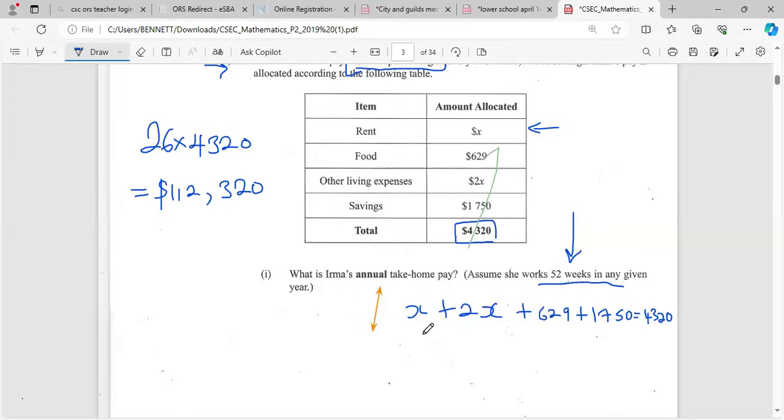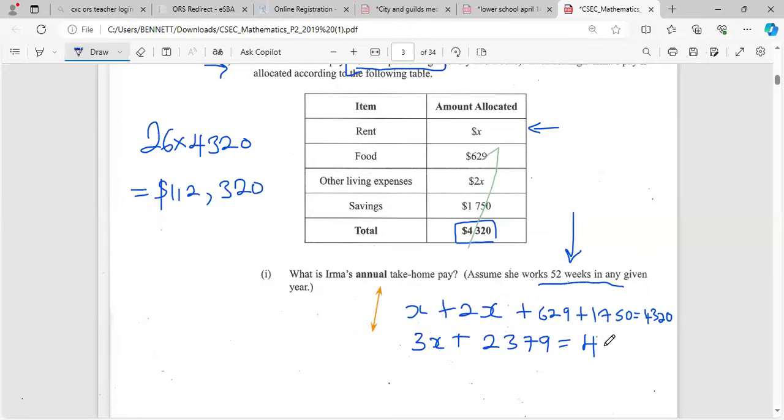So now we add this again, 3x. I'll just use the calculator for this part to make it quicker. 1,750 plus 629 gives me a total of 2,379. So this is a normal linear equation where we can solve for x.